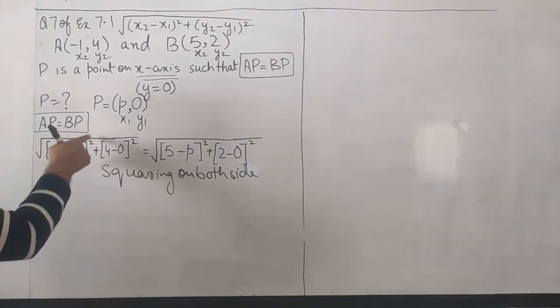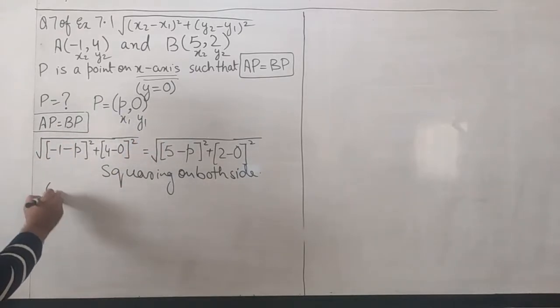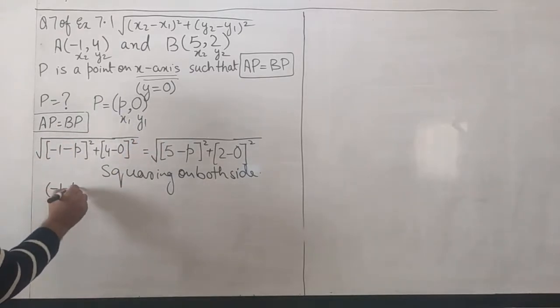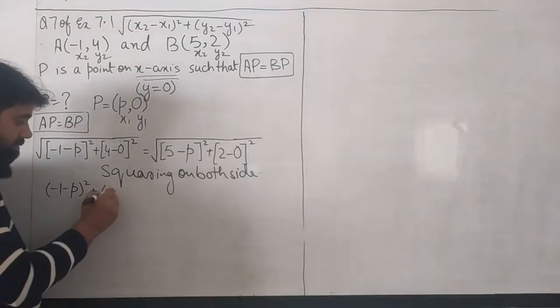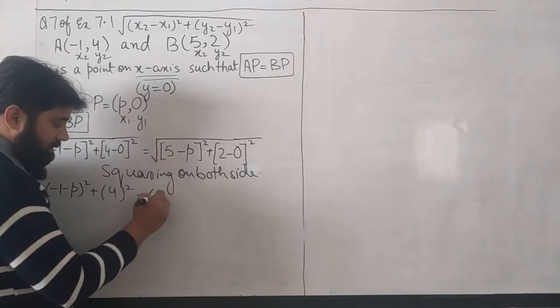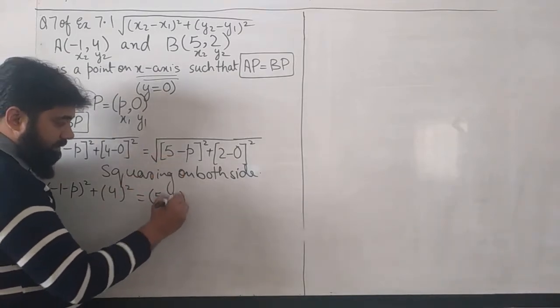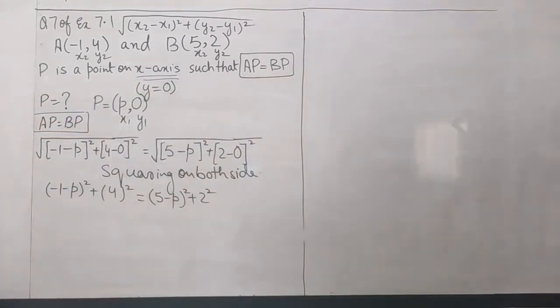The square roots will be cancelled and this will be written as minus 1 minus p whole square, plus 4 minus 0, which is 4, whole square, equals 5 minus p whole square plus 2 whole square. Okay, that is the thing I have done.